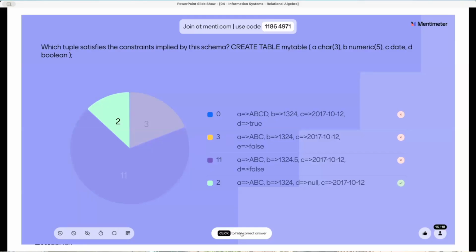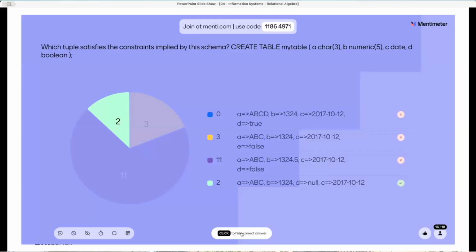So the third one is B, because B has 4 digits before the decimal period and 1 digit after the period. But when we say numeric 5 or decimal 5, we mean a precision of 5 digits, but they have to be before the period. If you do not give a scale, then it's an integer, right? So it might fit, but it would be stored as 01324, and the 0.5 is lost, or 3 to 5 if you round, and then the precision after the decimal period is lost.